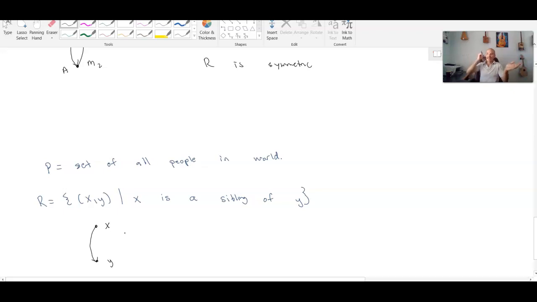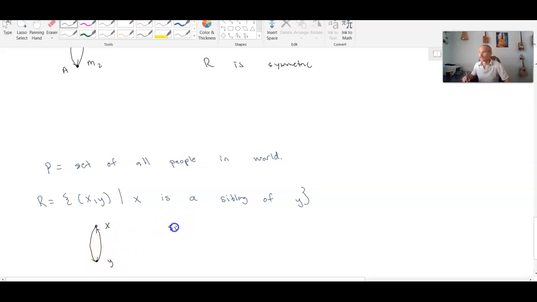That means that there are going to be some people who have a sibling, right? Not everybody is going to, and we don't have to worry about those people. We only have to worry about those people where X is a sibling of Y. Is it true that Y is a sibling of X? Well, yes. Just because I say that Joe is my brother, Joe can't say he's not my brother, because if we are in fact brothers, then it goes both ways. So this means that we're also going to have Y is a sibling of X.